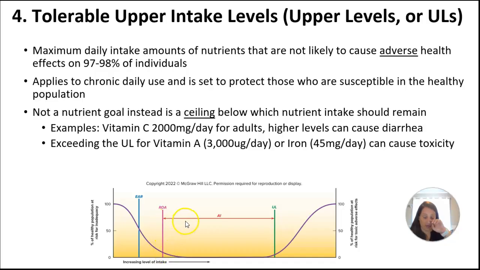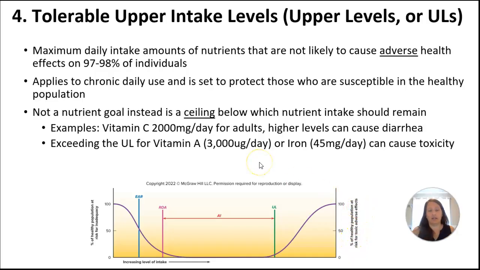And then we have adequate intakes, and those levels are between RDAs and ULs. So here are the ULs, the upper limits. And you can see here, this is where less than 3% of healthy population is at risk of toxic adverse effects.